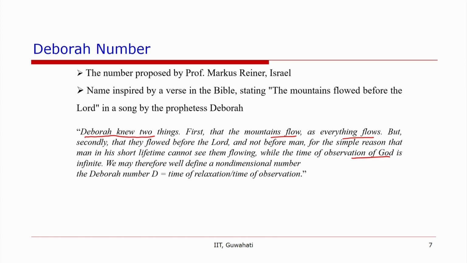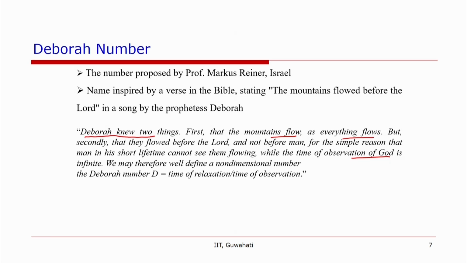He takes the example of the mountain, or Deborah's description of mountains flowing. The observation time of a man is about 100 years, in which there is no appreciable deformation of mountains, whereas the observation time of God is very large, in which the deformation of mountains can be observed.